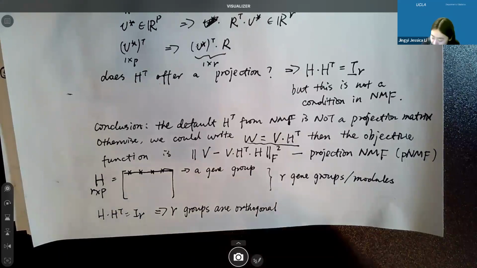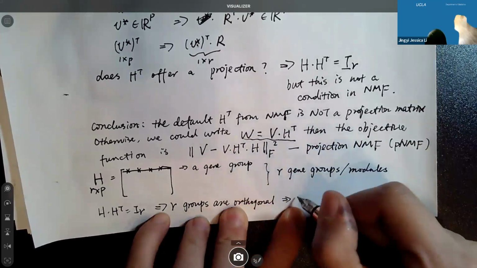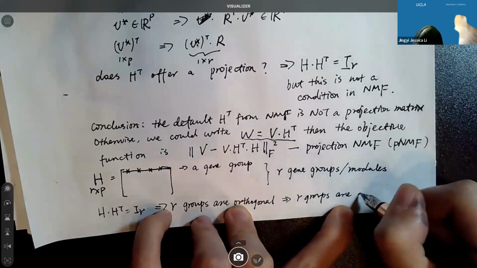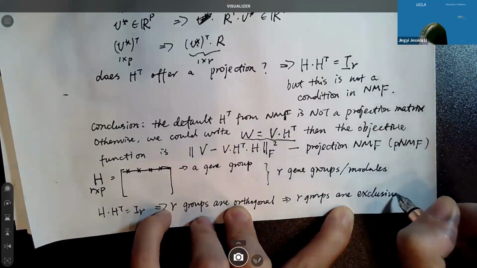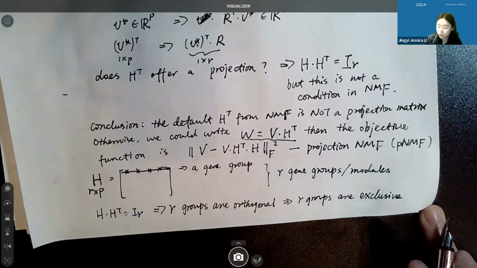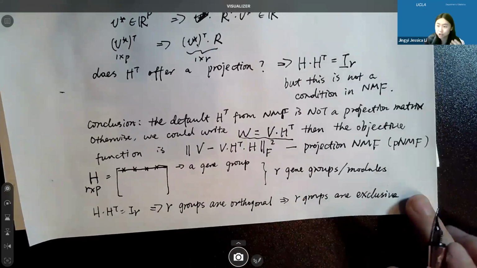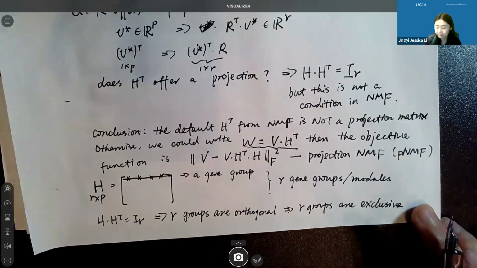So this ensures that the R groups are kind of exclusive. And this exclusiveness makes the interpretation very nice because different groups correspond to different genes, so you can better explain the result.